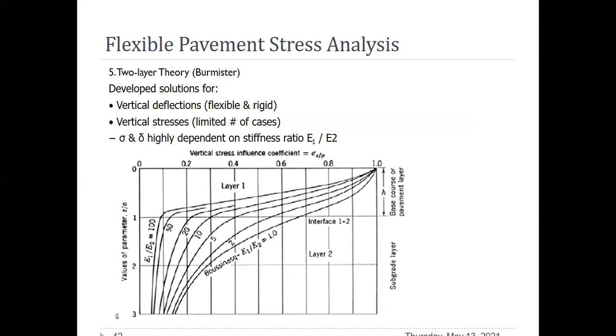So you can always calculate the vertical deflections and the vertical stresses, and these values are dependent on the stiffness ratio E1 and E2. The graph is presented from there, and then you can always find this.